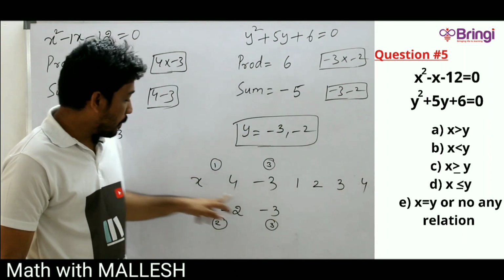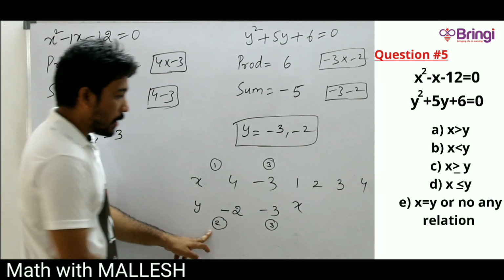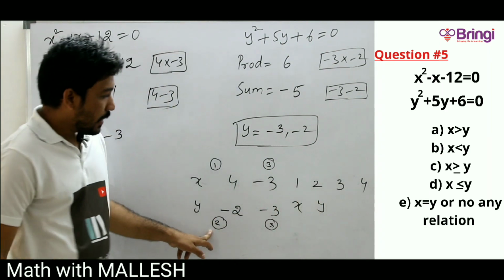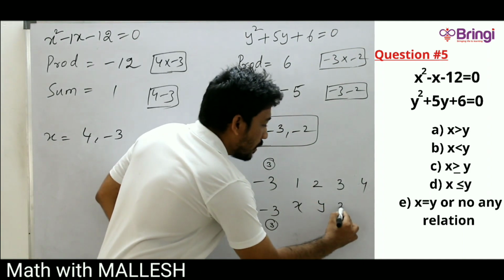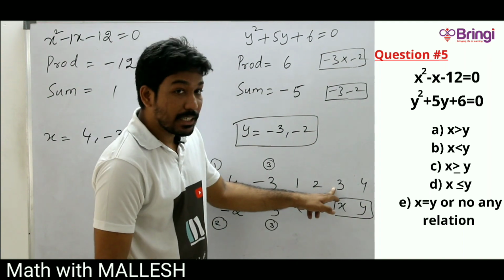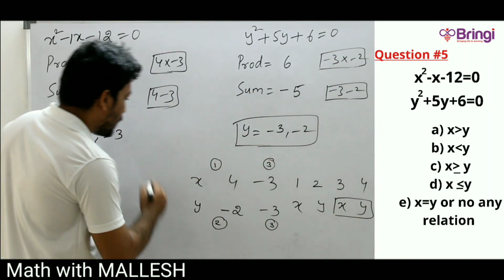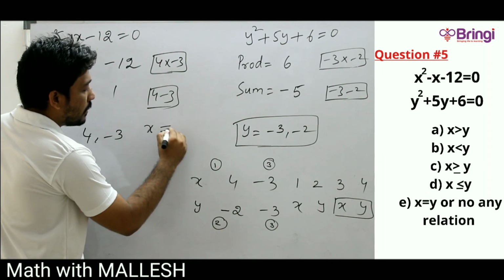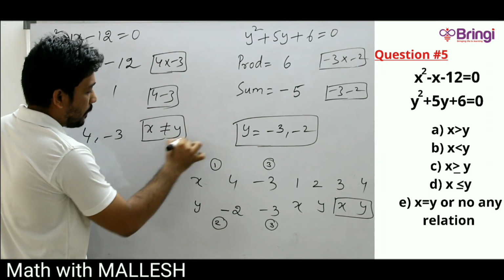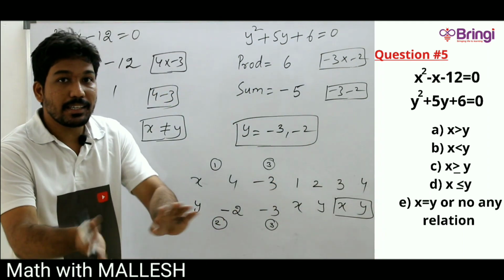First position is occupied by the X. Second position is occupied by the Y. Third and fourth positions are combinedly occupied by X and Y. So under these circumstances, X is not equal to Y. Meaning fifth option, there is no relation between X and Y.